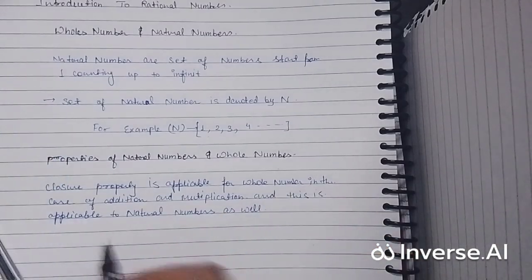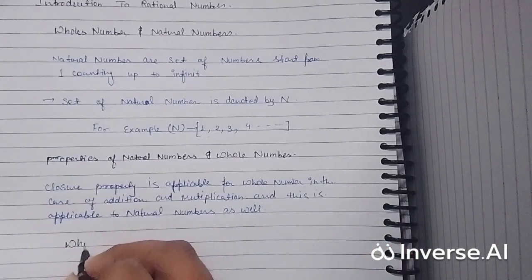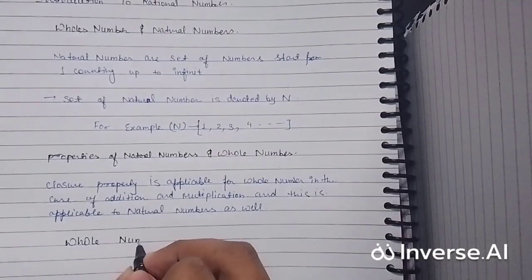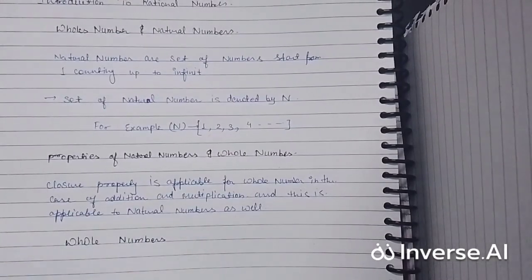Now we will learn what a whole number is. Whole numbers are the set of numbers starting from 0 and going up to infinity.